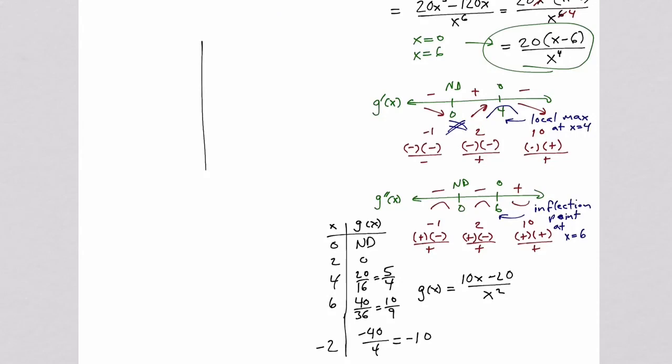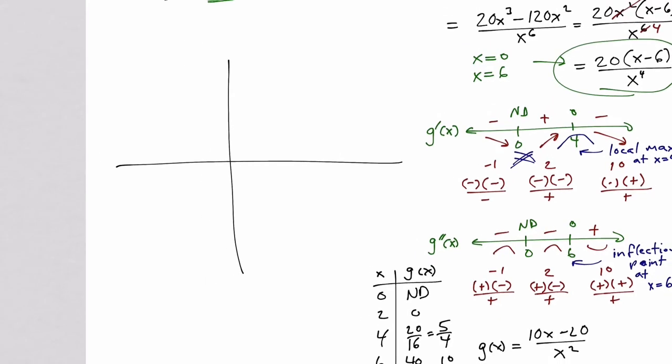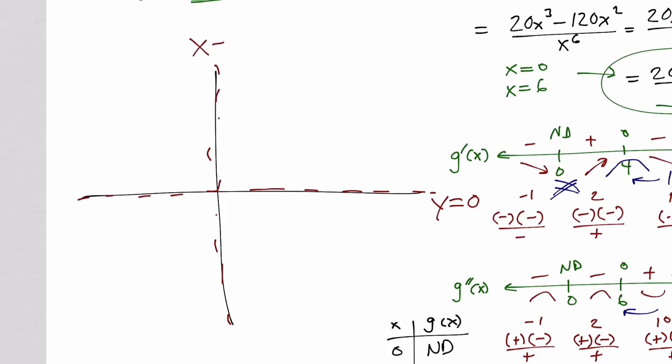I'll draw a coordinate plane here and plot out some of our important points. So I guess first let me mark the asymptotes. Y equals 0 is an asymptote, and x equals 0 is an asymptote, so the two axes will serve as asymptotes.